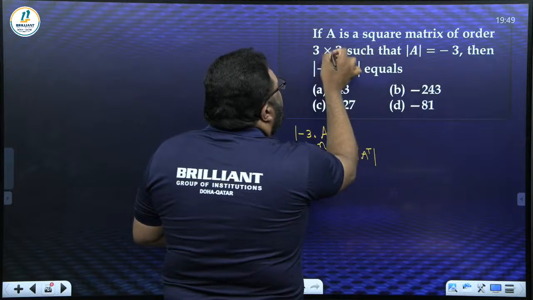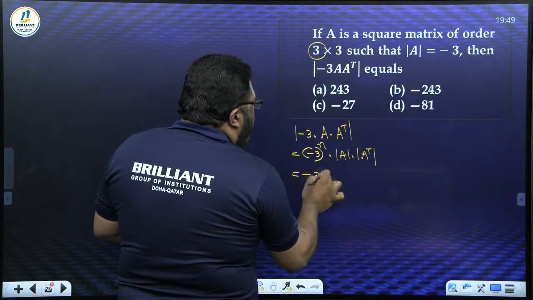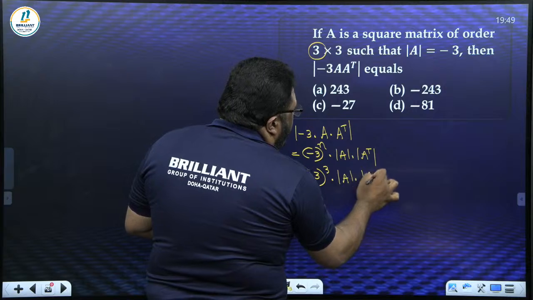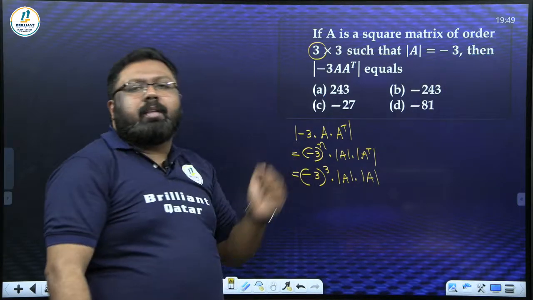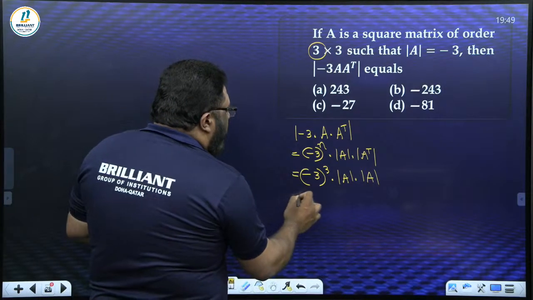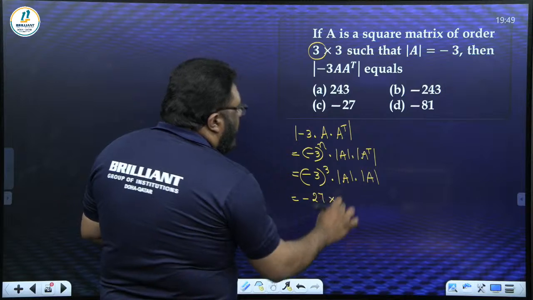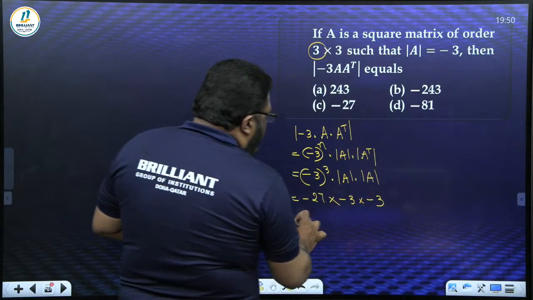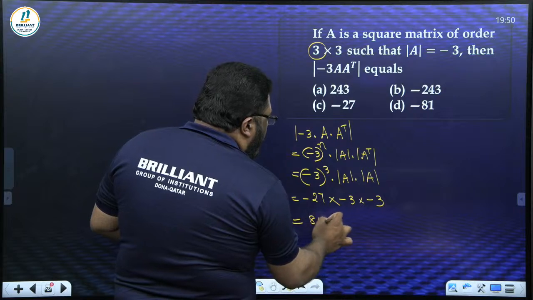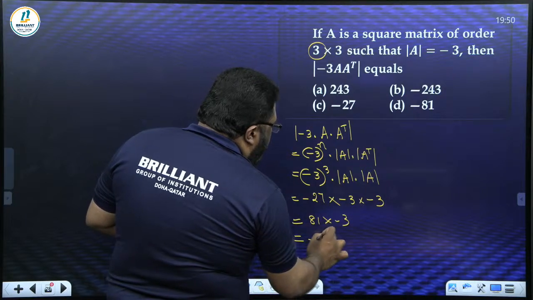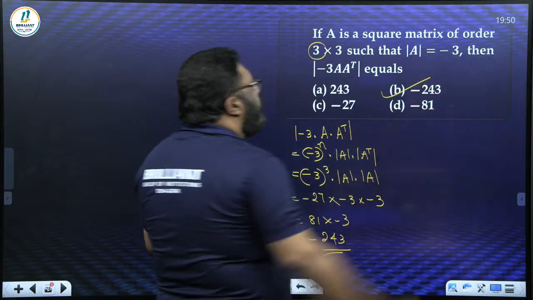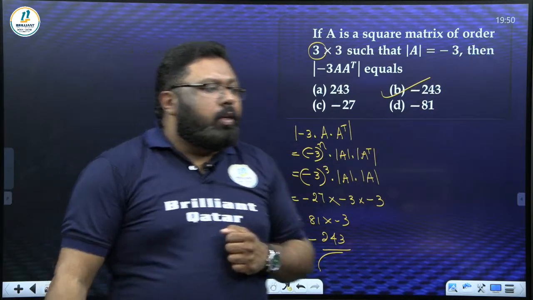Now it's a 3 by 3 matrix, so it's minus 3 raised to 3. Determinant of A, and determinant of A transpose again is the same as determinant of A. So this is going to be negative 27 times determinant of A, which is again negative 3, negative 3. So 81 times negative 3, negative 243. Option B, negative 243.